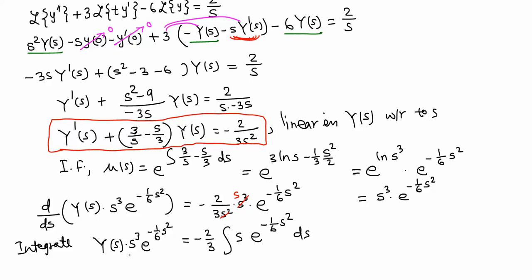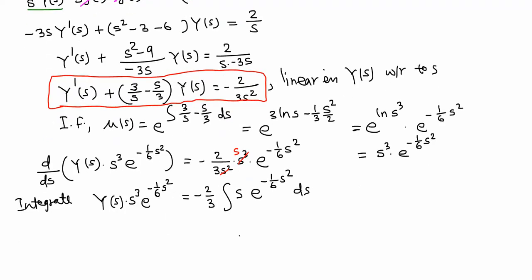Okay, now we need to find the antiderivative on the right hand side. It's a product, and looks like we can use substitution, because the derivative of negative 1/6 s squared is negative 1/6 times 2s, negative 1/3 s, and negative 1/3 is there, we can take inside if you want to match in this way. Let's do that.